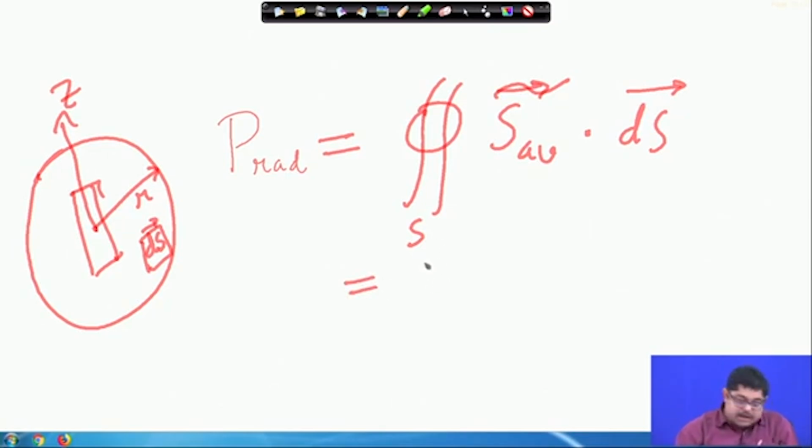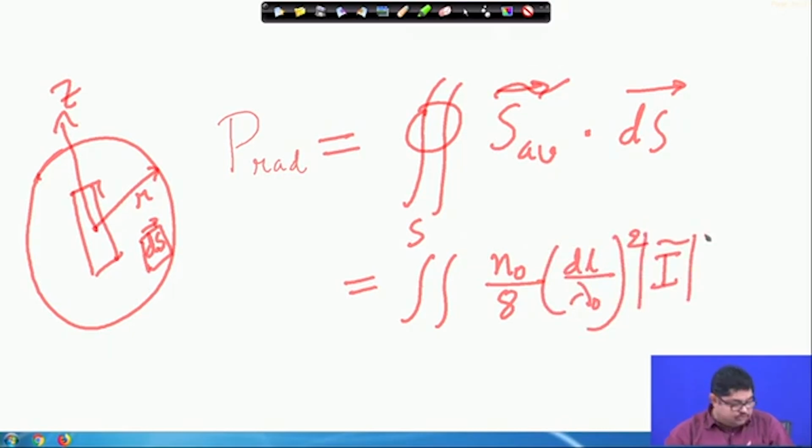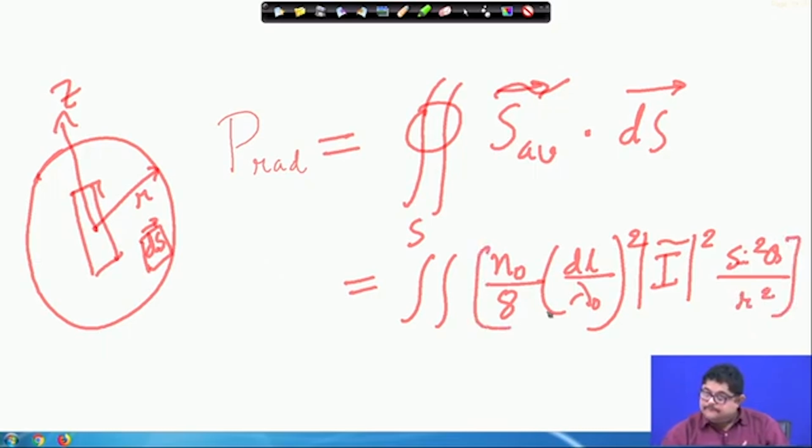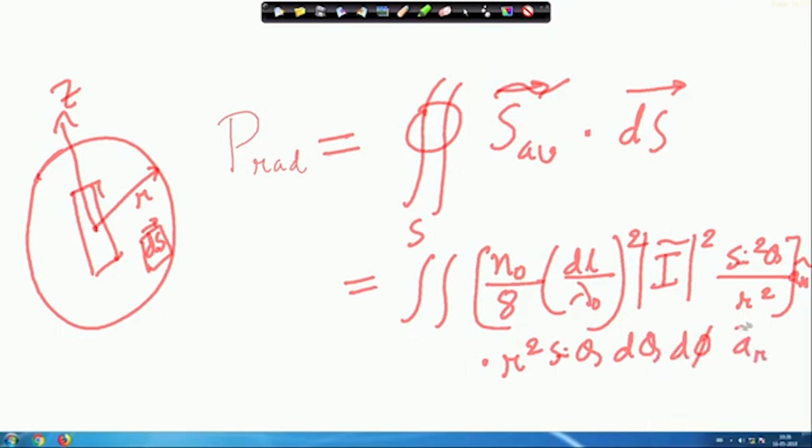So, I can write that S average, as we have already found, is eta naught by 8 dl by lambda naught square I square sin square theta by r square, AR vector, dot this ds vector, which is r square sin theta d theta d phi AR.